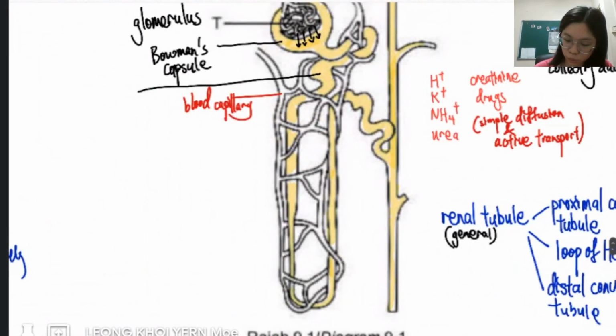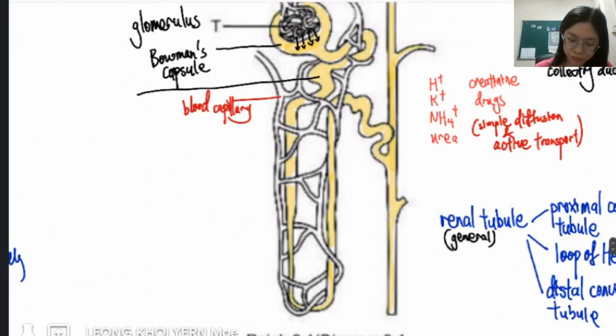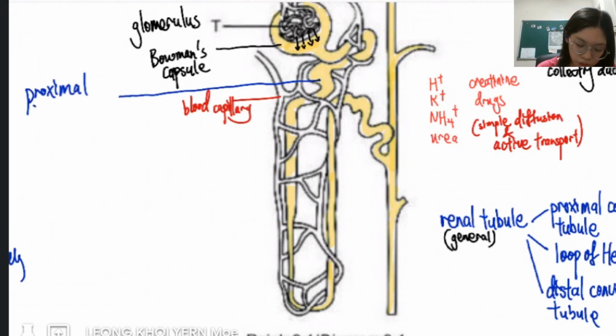So I'm going to label it now. This part after the Bowman capsule leads to the proximal convoluted tubule.